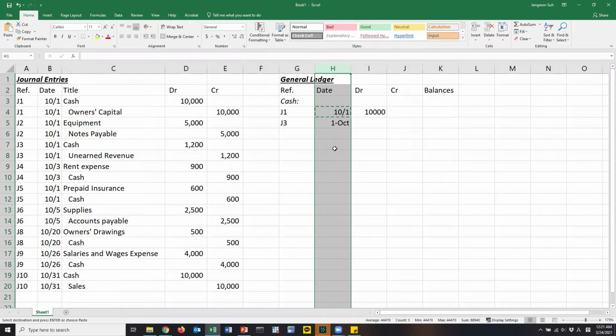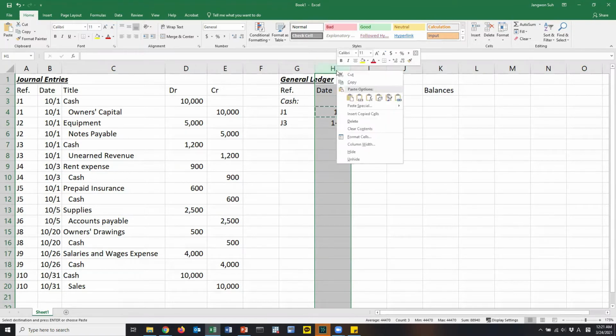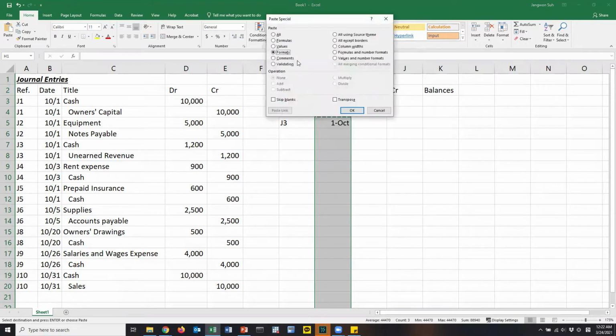By the way, when I am copying only the format, not the value, and then pasting it, I need to use paste special. One of the ways of using your keyboard is to press the right-hand side button of your mouse and then S, S, T. That's paste special, T meaning format.